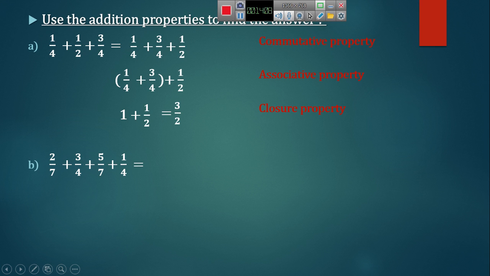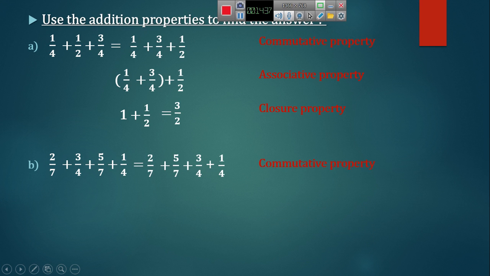And also 3 over 4 and 1 over 4, we can add them. So we need to use commutative property by switching these two fractions lying in the middle, 3 over 4 and 5 over 7, to make 5 over 7 beside 2 over 7 and 3 over 4 beside 1 over 4, to make it like that.